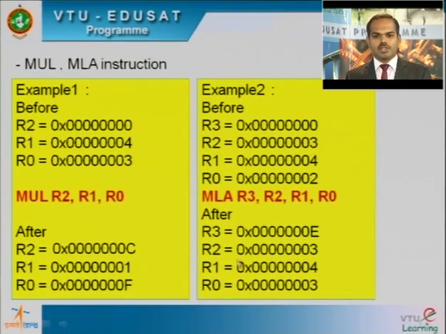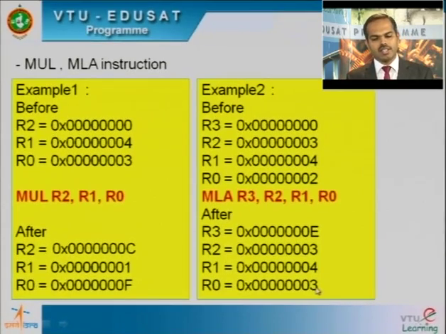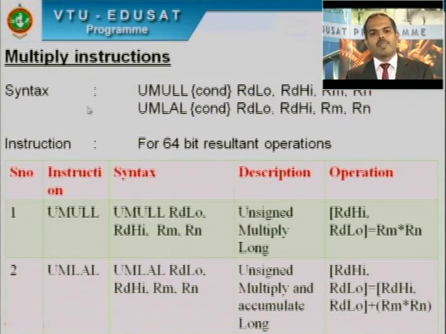The rest of the registers should hold the same values as before the execution of the instruction. If there is any other value here, it is just a typing mistake. Please neglect it. Right. Next instruction.